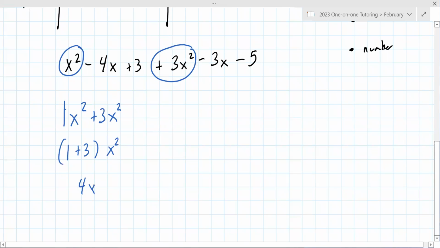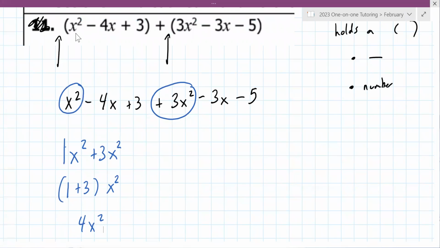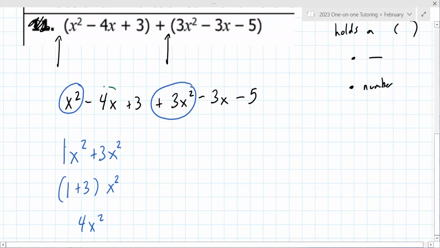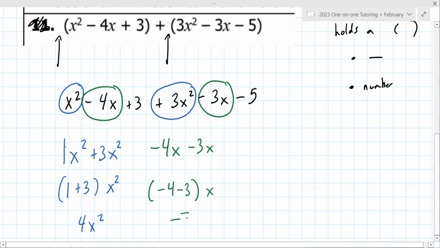Yes, very good. Okay, now we're going to do this similarly for the other ones. I'll grab a different color here. Minus 4x minus 3x. Oh, that's negative 7x. That's right, negative 7x. Good.